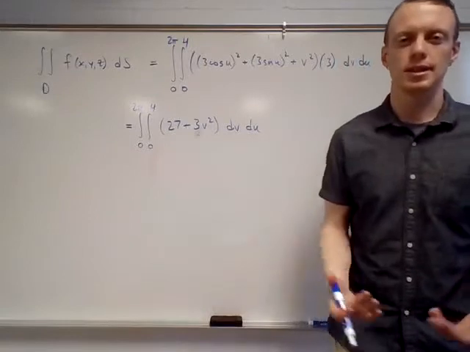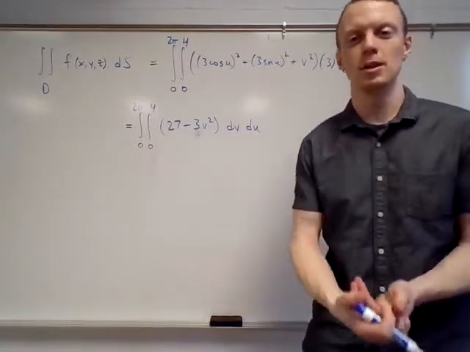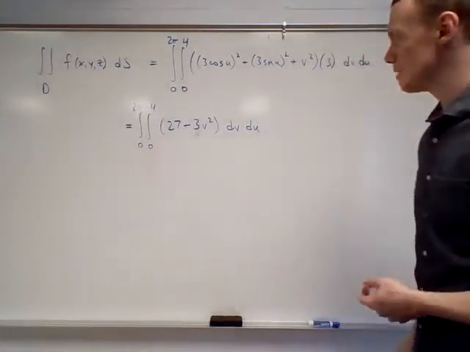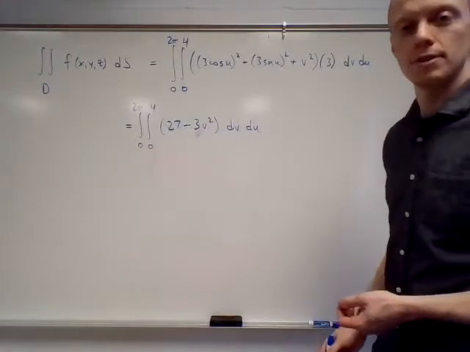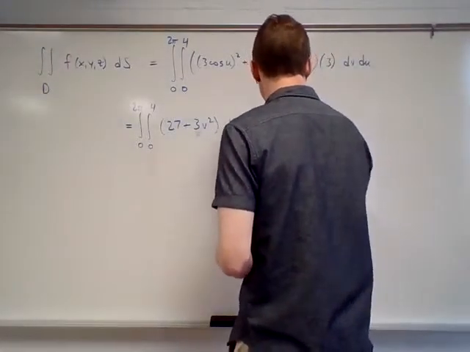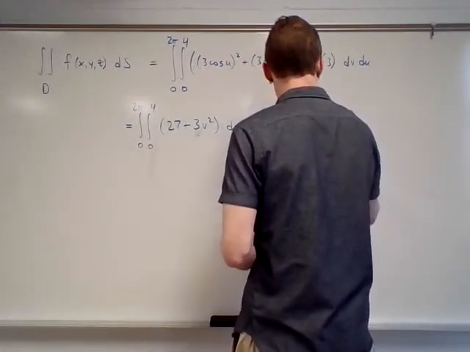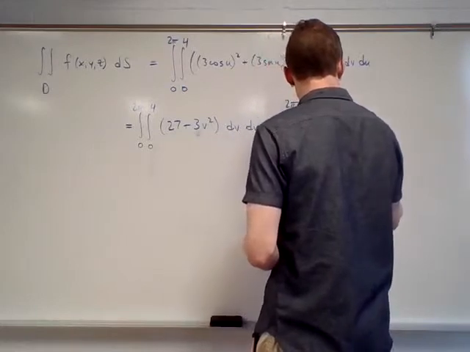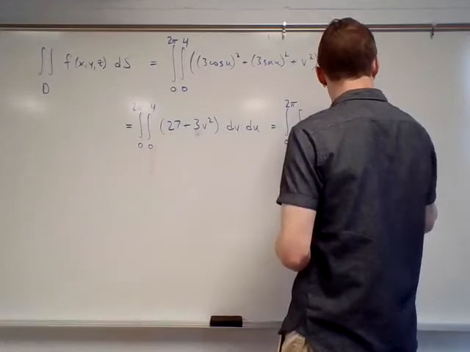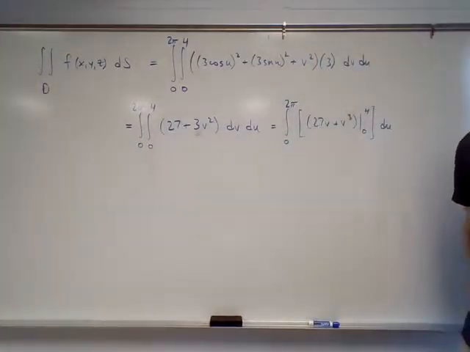And now this is nice. Now we're down to just a basic Calc 3 type of double integral. Really straightforward to calculate from here on out. If I take the integral of this thing with respect to v, I'm going to get 27v plus v cubed.